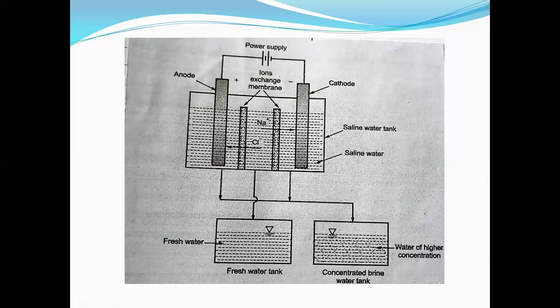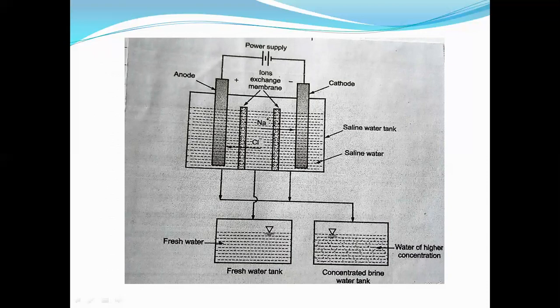When the electric current is passing through this water, these two ion exchange membranes exchange the ions, meaning the negative ions are attracted toward the anode which has the positive charge, and positive ions are attracted toward the cathode which has the negative charge. That is a positive negative attraction.